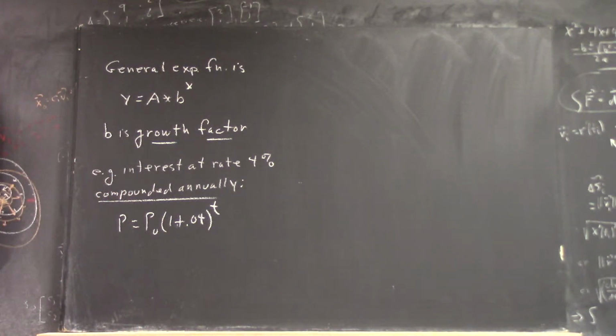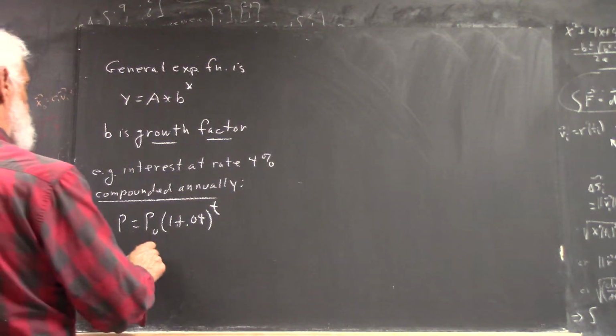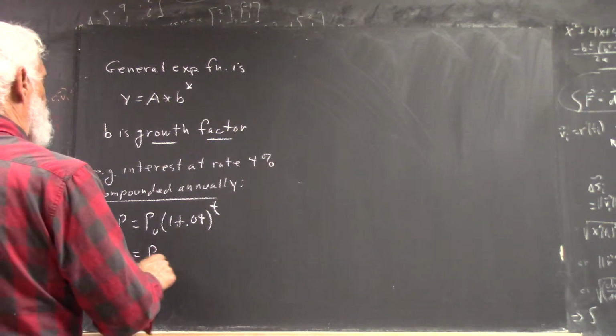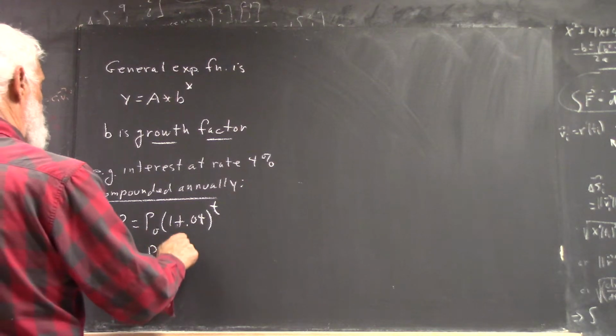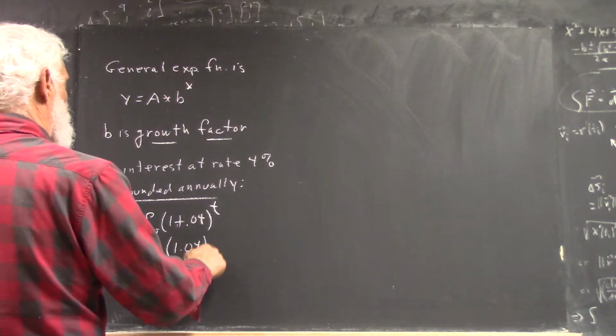Should be familiar to you. If it's not, make sure you go back and make it familiar. And of course, this equals P naught, your initial investment, multiplied by 1.04 to the t.